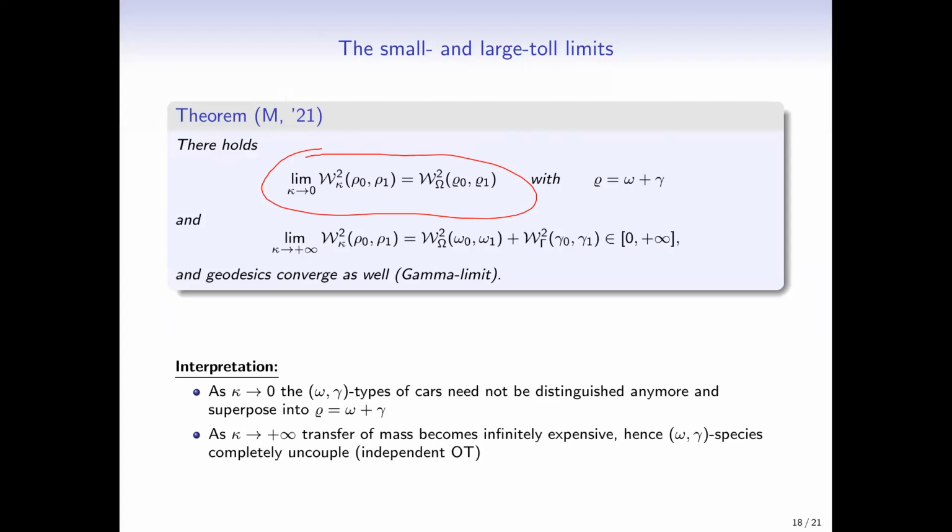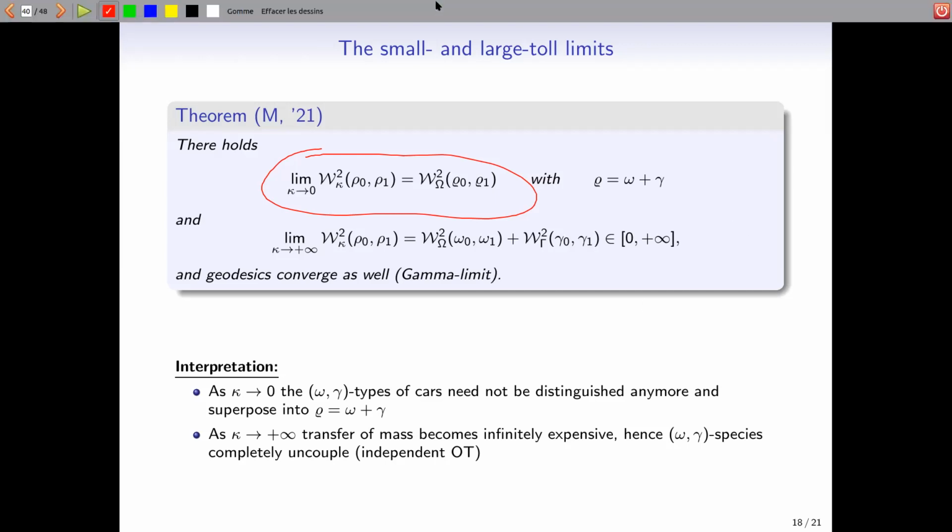In the limit, you can enter the road for free. And if you can enter the road for free, or get out of the road and come back to the city for free, there's no more reason to distinguish between red cars and blue cars. The only thing that matters is how many cars you have around, right? You don't need two different colors to label two different types of cars. And this is exactly what this result says.